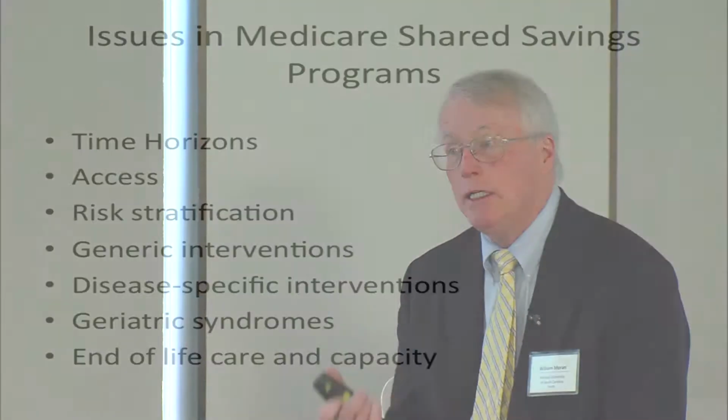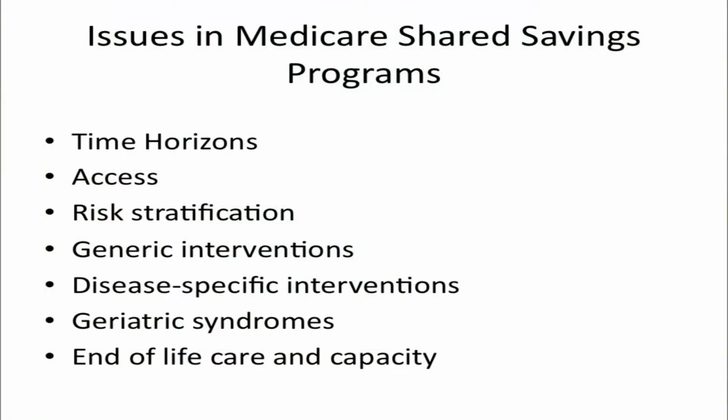Risk stratification. We need to know who to focus on. You all have heard of the 80-20 rule. 80% of the cost, 20% of the patients. So we can identify who our top 20% are, who our top 10% are, and we started realigning our care teams around risk. We also did a lot of generic interventions. So we all think about disease-specific interventions, like if you weigh yourself every day and you gain 3 pounds, you should call us and we'll change your diuretic.